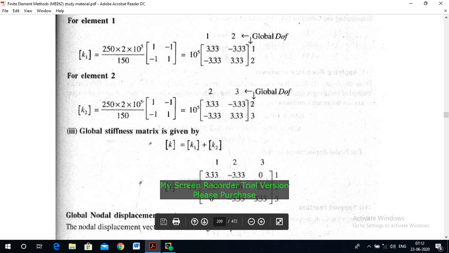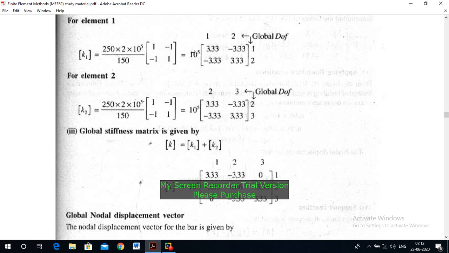Next, we need the element corresponding to second row, second column. In matrix 1, the element corresponding to second row, second column is 3.33, plus the element in matrix 2 corresponding to second row, second column, 3.33. Add 3.33 and 3.33, I get 6.66, and I write it directly. Next, the element corresponding to second row, third column.